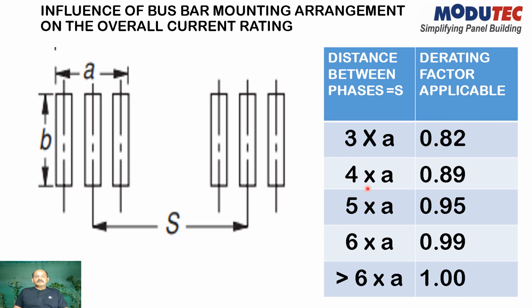If you make it 4 times A, it is 0.89. 5 times A, 0.95. Like that it keeps increasing up to 1. So this is the difference. If you make this S bigger, the derating factor slowly decreases, and 0.82 comes to almost 100%.